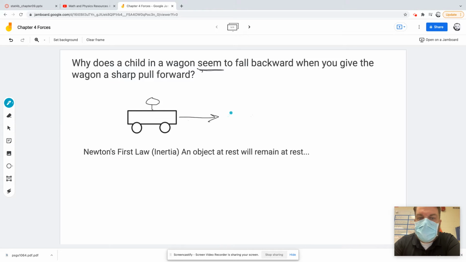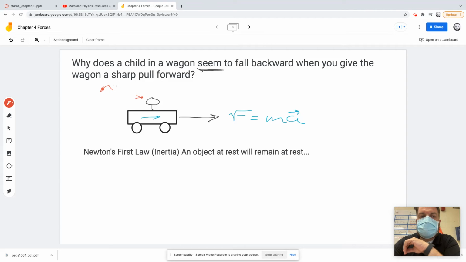So when I pull on this wagon, I create a force, and that force is equal to the mass times the acceleration, right? So I'm going to accelerate this wagon in this direction. Now, this child, how does he start off, or she?